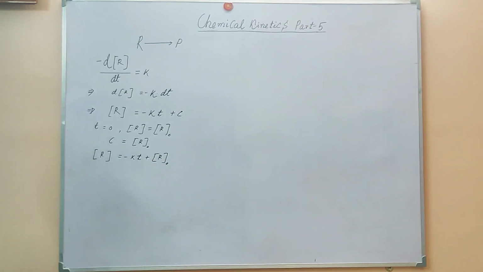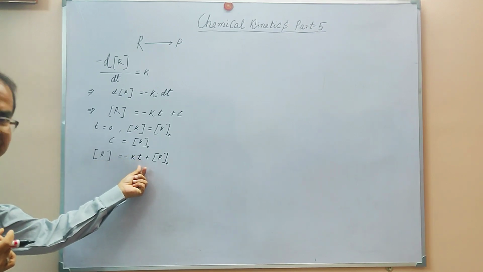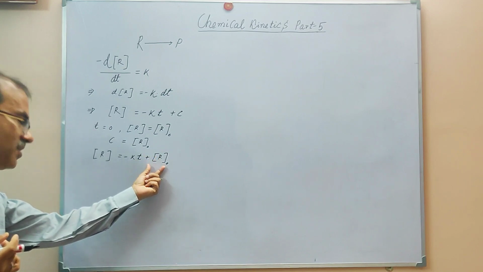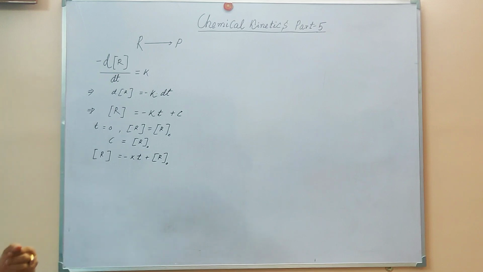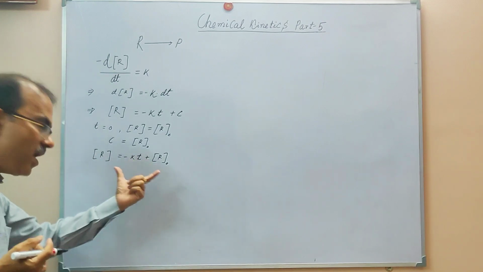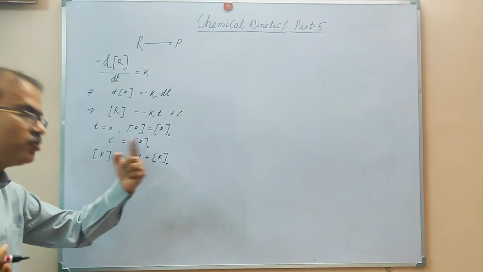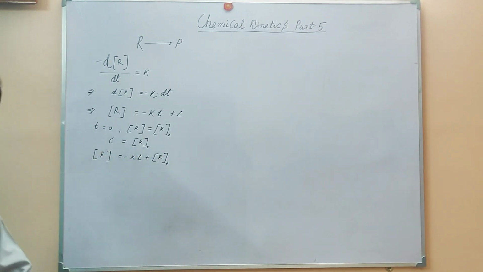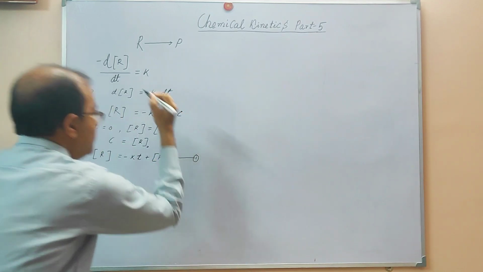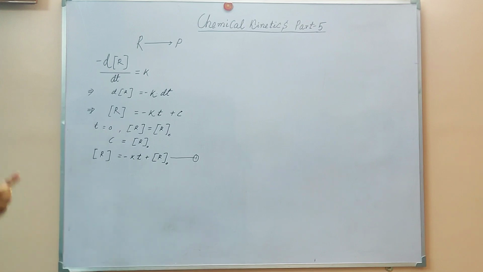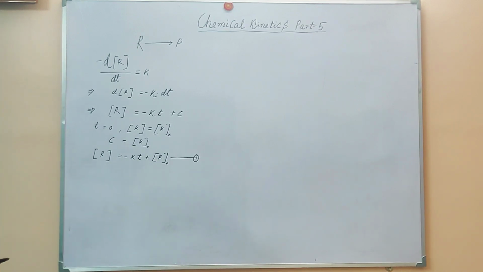In this integrated rate equation, R is the concentration at time t, and R0 is the initial concentration from where we started the reaction. Now we want to understand this integrated equation graphically.